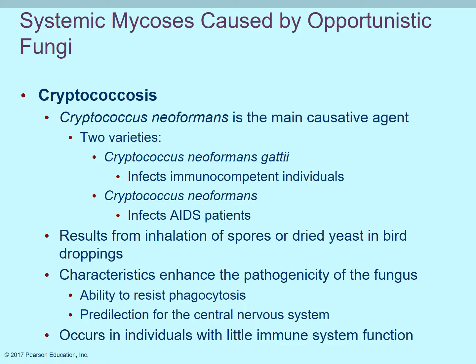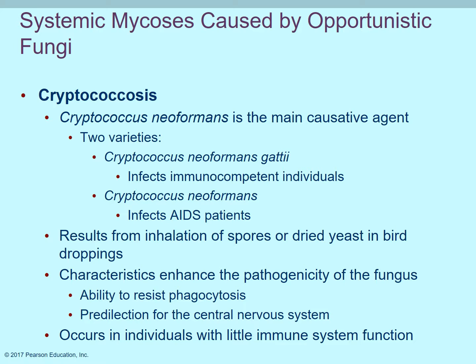Cryptococcosis. There are two different varieties of this. One can infect healthy individuals. The other one will infect AIDS patients. We see a lot of it, once again, because they're immunocompromised. And you inhale the spores.